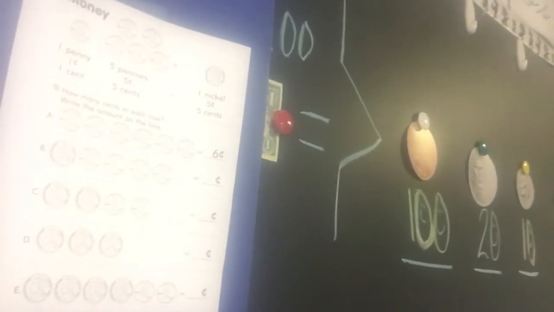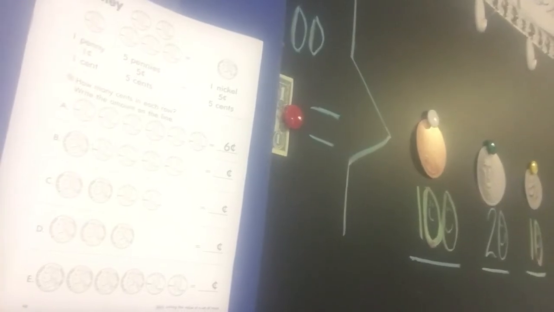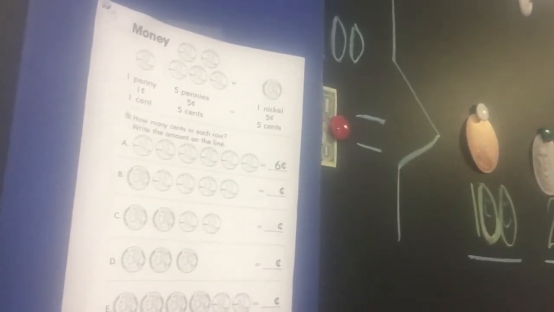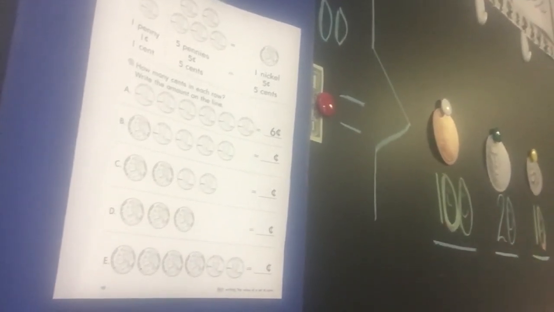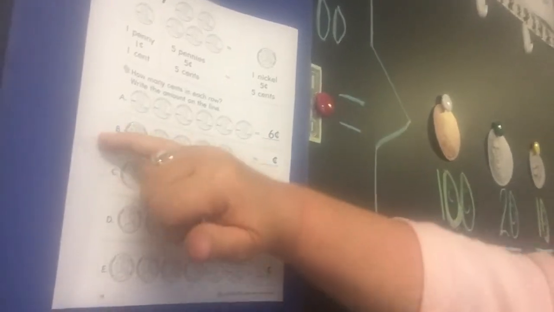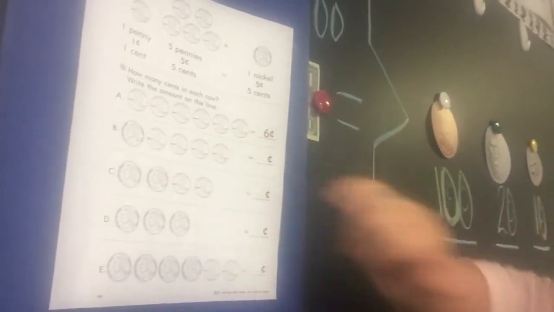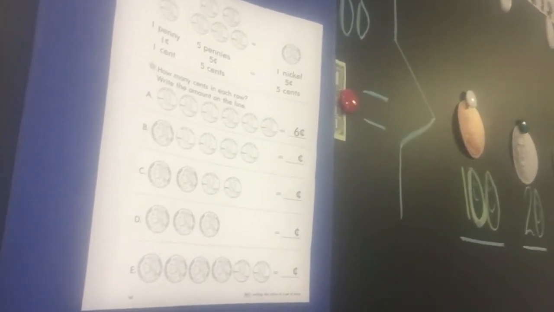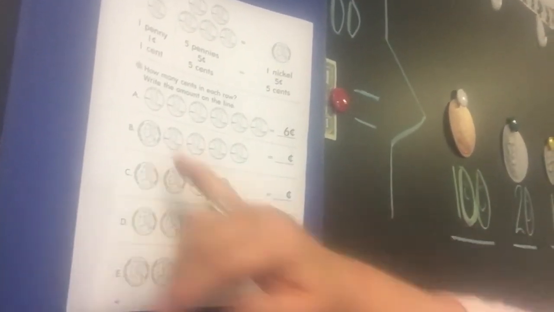The other 4 rows are a little different. This is new, so Mom and Dad will help you with this, okay? We have some nickels and pennies. We have some dimes and pennies. But when we count coins and they're mixed up like this, we always start counting with the coin that is worth the most. So in this row, we have a nickel and 4 pennies. Which one would I count first? Which one is worth the most? Right, the nickel.